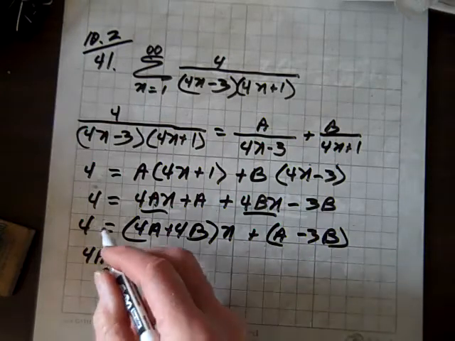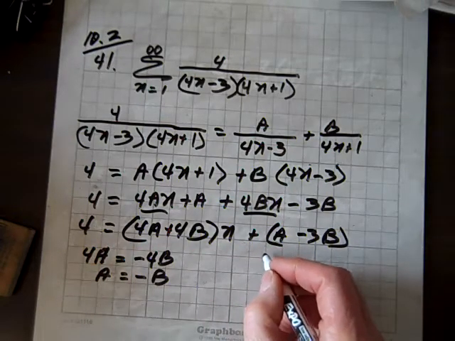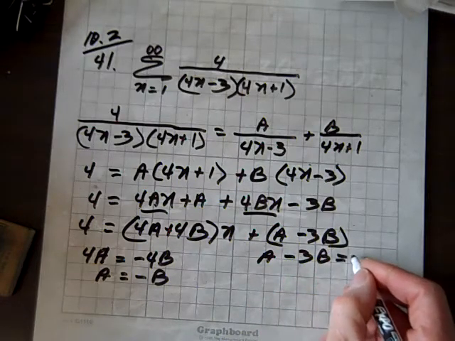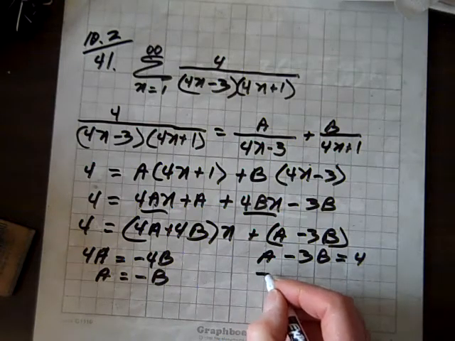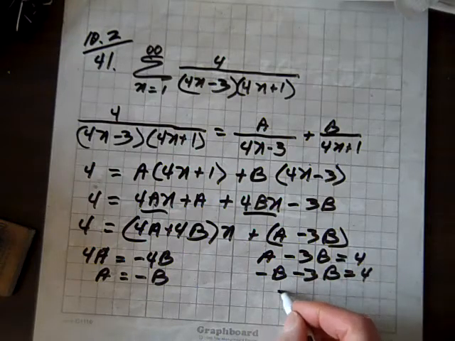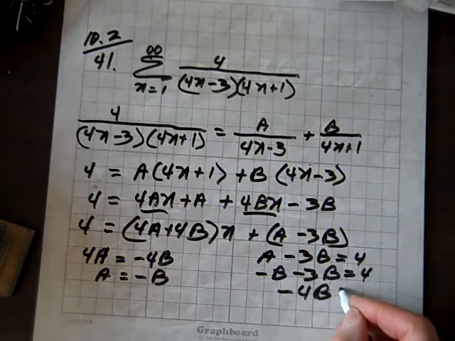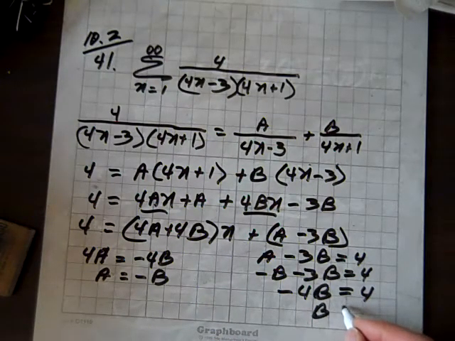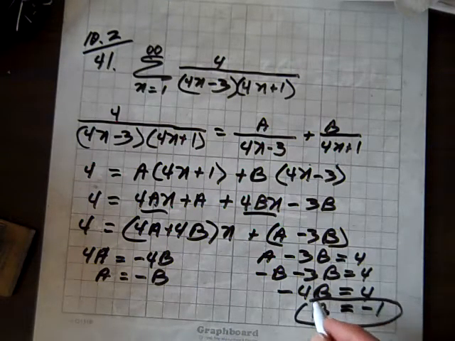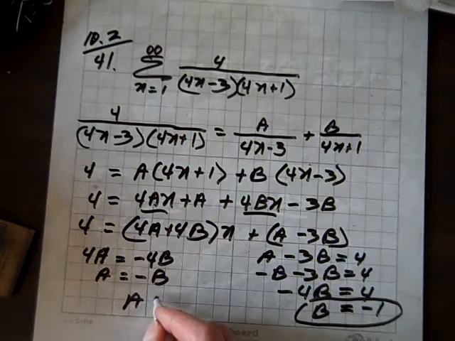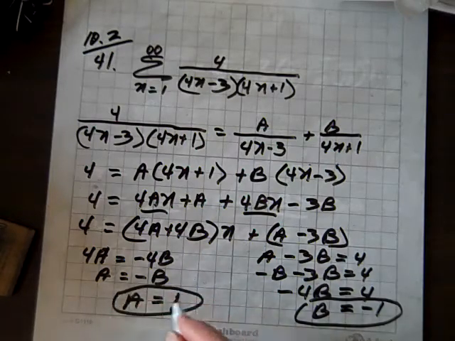Now, setting this constant term equal to the constant 4, and replacing a with negative b, we have negative 4b equals 4, so b must equal negative 1. Well, if b equals negative 1, then a must be equal to negative times a negative 1, so a equals 1. Well, we've got that part of it done.